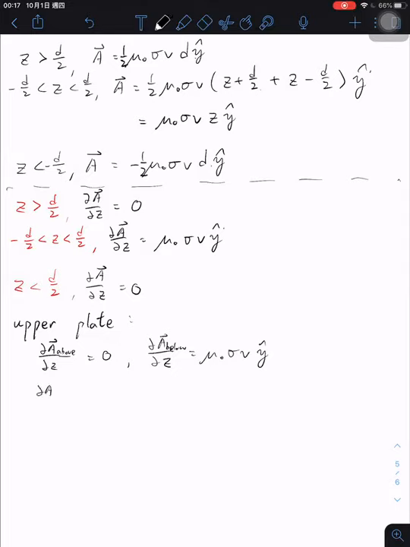So we now have the difference being minus mu naught sigma v. And since sigma v y hat is the surface current density for the upper plane, we can just write it as K1. So this is the second boundary condition.